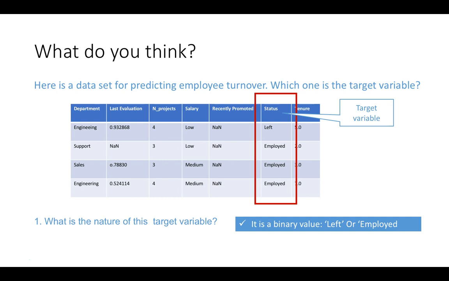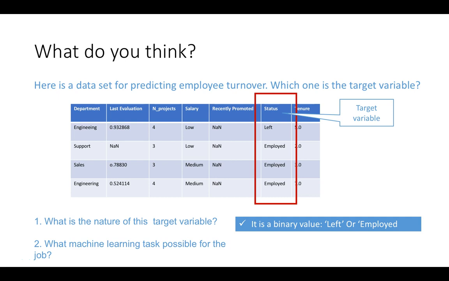Before we conclude, let us quickly answer some questions. We have already seen this data of HR information. There is a target variable called status, and it takes a binary value, either left or employed.